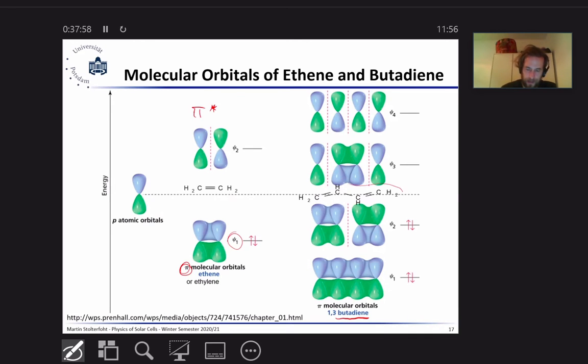So these sp2 hybridized carbons lead actually to an alternating double and single bond if you bring more carbons together. Yeah, so semiconducting polymers, why are they semiconducting? Because of the existence of alternating double and single bonds. This double bond can be passed along the chain in a simple picture.